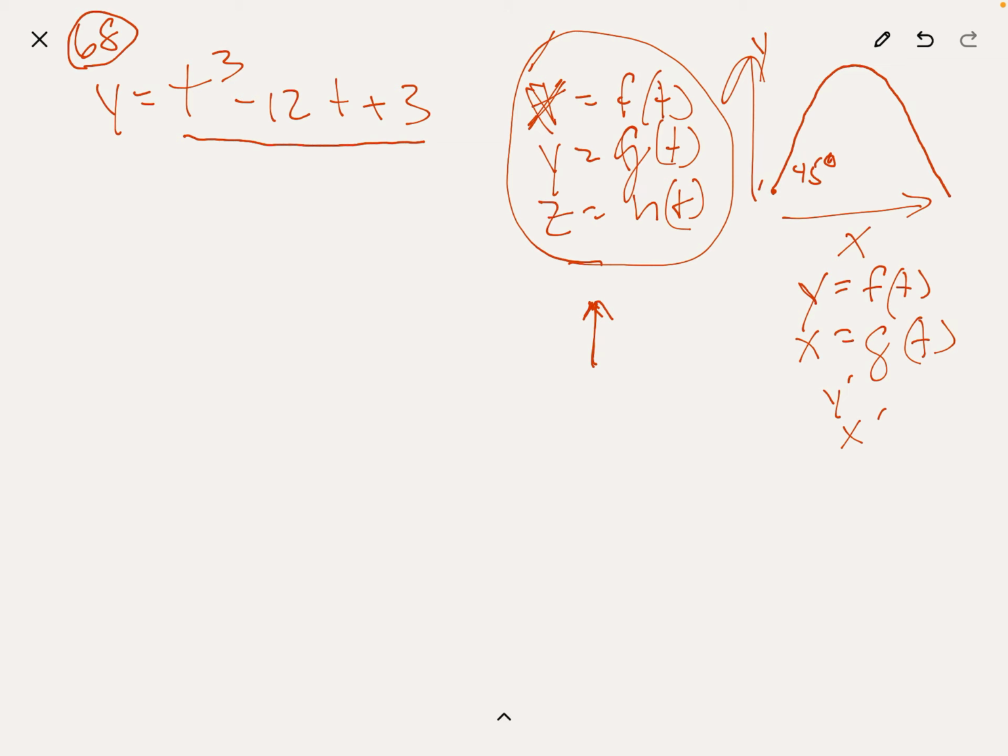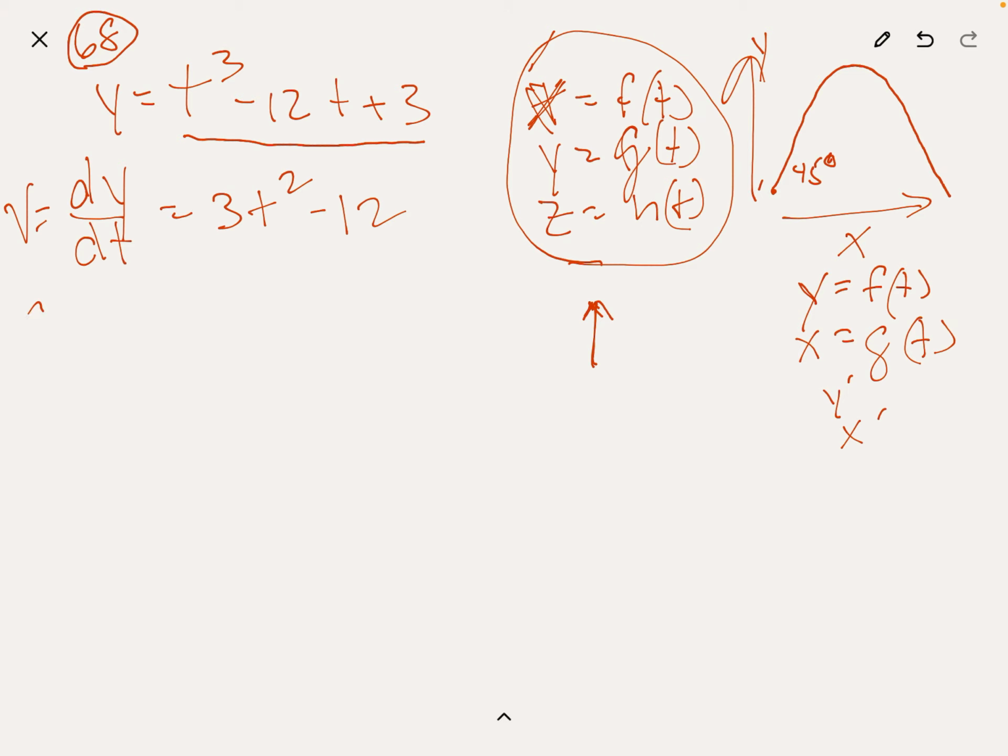Okay, so that's fine, at least in terms of finding the velocity and the acceleration. As I think you know, the velocity is v equals dy/dt. That's just going to be 3t squared minus 12.